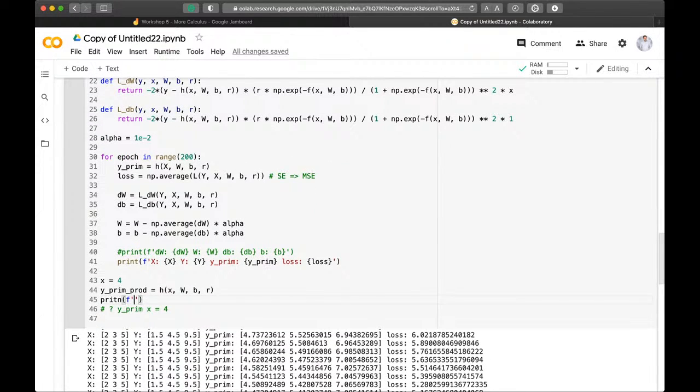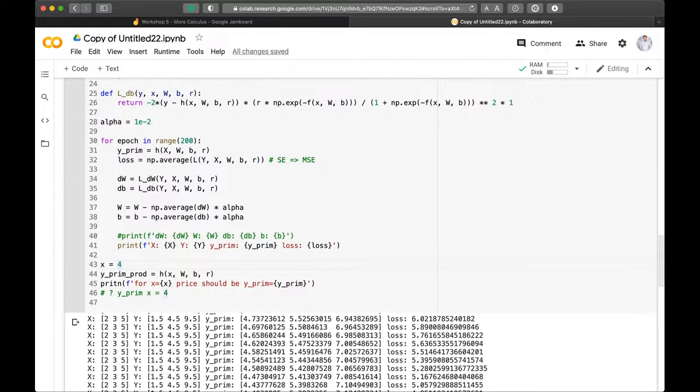So for X, the price should be y prim. And see, for production models, you actually don't use the loss function anymore, because you don't have ground truth.